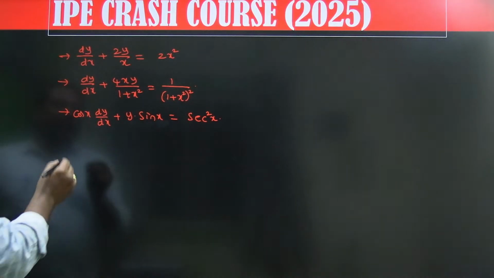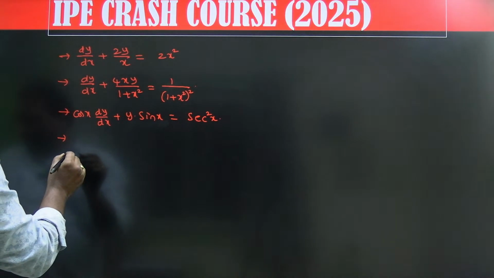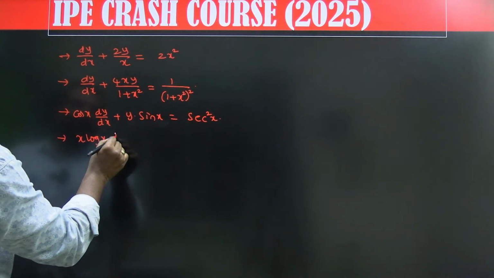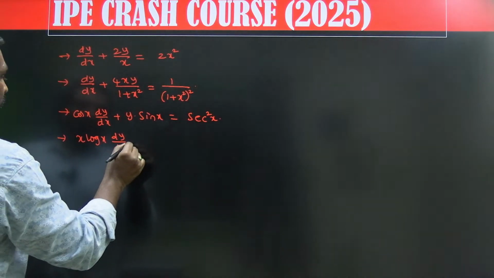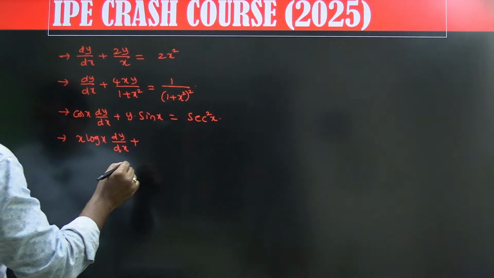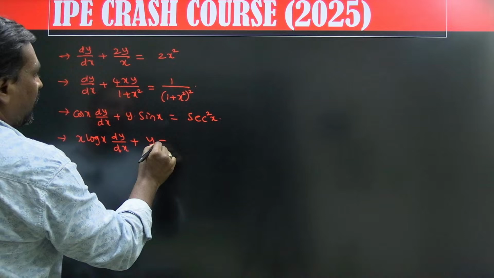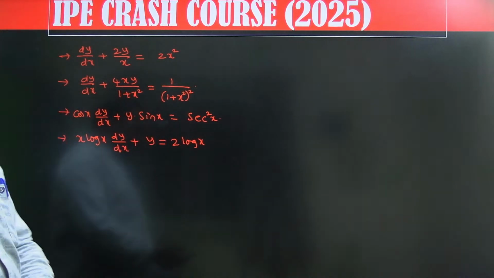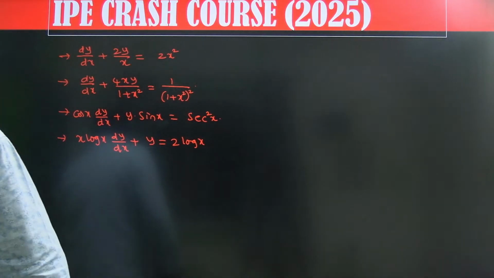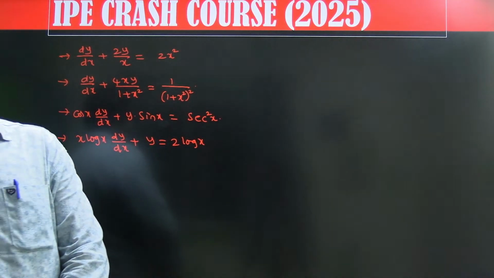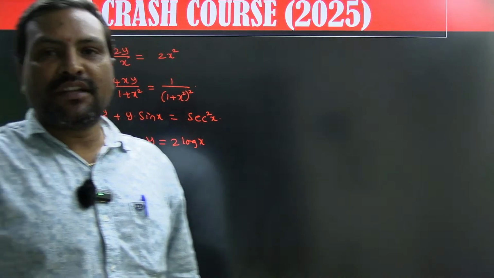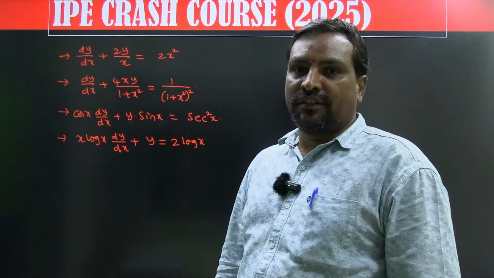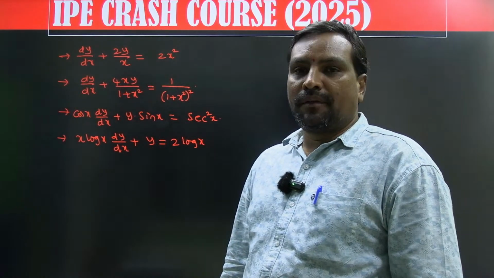And the last problem: x log x into dy by dx plus y is equals to 2 log x. These are another important problems in differential equations, 4 important long answer problems.